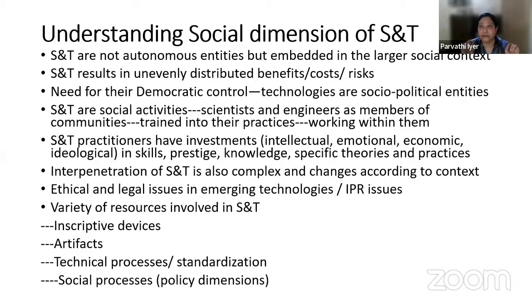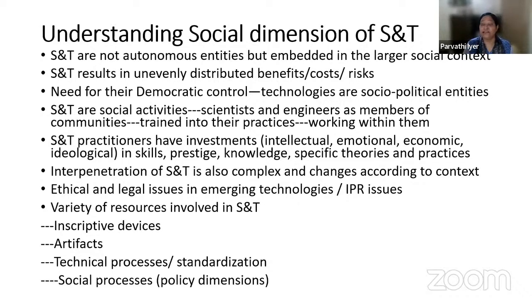But the larger point I'm trying to make is that when you look at science and technology, especially its impact on society, the risks, benefits and costs are actually unevenly distributed.